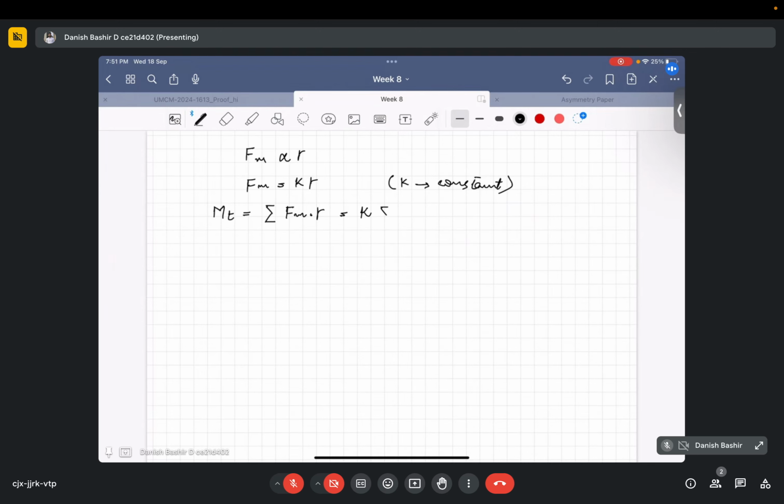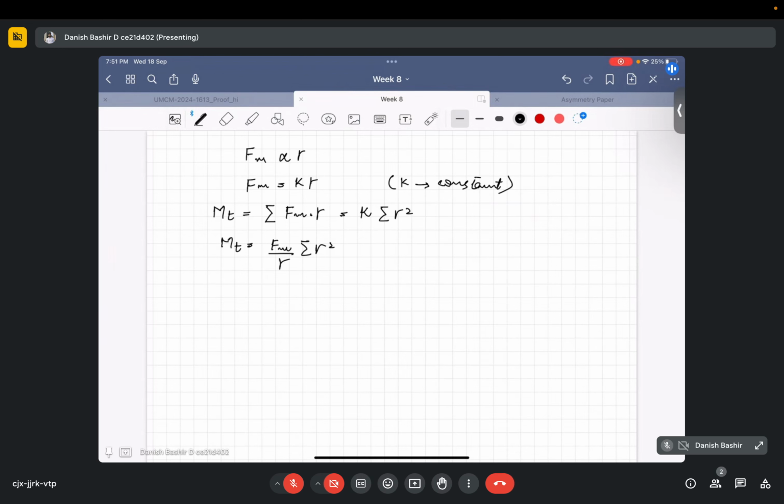It will be MT equals K summation R square, where K is actually equal to Fm by R. I hope you guys are following me.